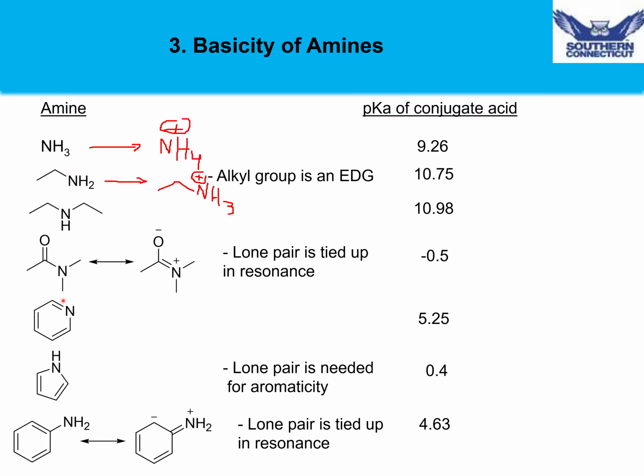So pyridine is a stronger base since the lone pair on the nitrogen is not required for aromaticity. Aniline, compared to other alkyl amines at the beginning of this table, is a fairly weak base. The reason is the lone pair on the nitrogen is tied up in resonance with the aromatic ring, as shown by this resonance structure.